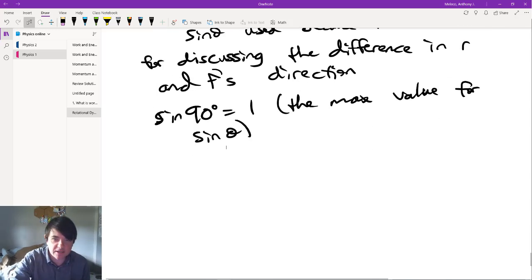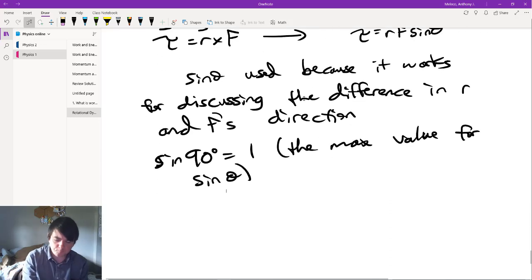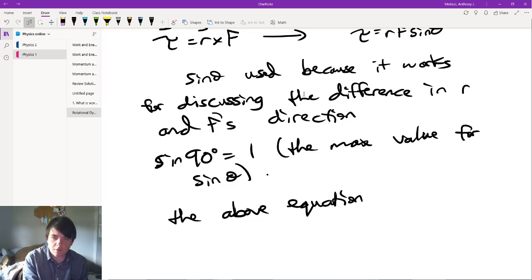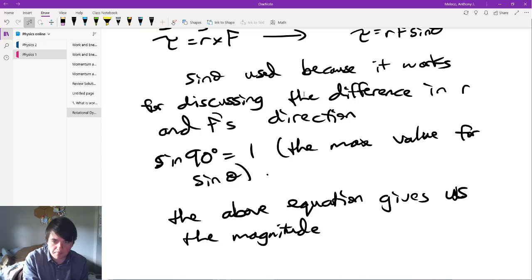So now let's discuss torque's direction. The above equation gives us the magnitude of the torque.